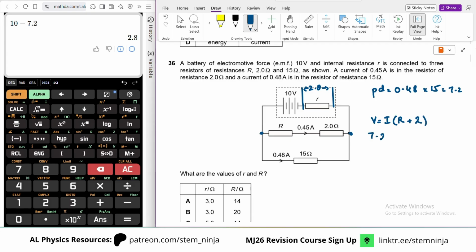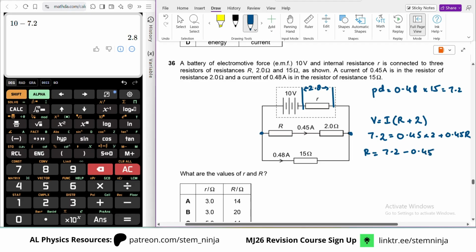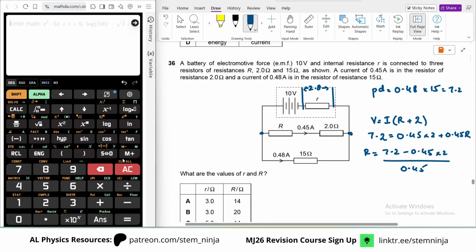So 7.2 is equal to 0.45 times 2 plus 0.45 times R. So R would be 7.2 minus 0.45 times 2, divided by 0.45, which is 14.